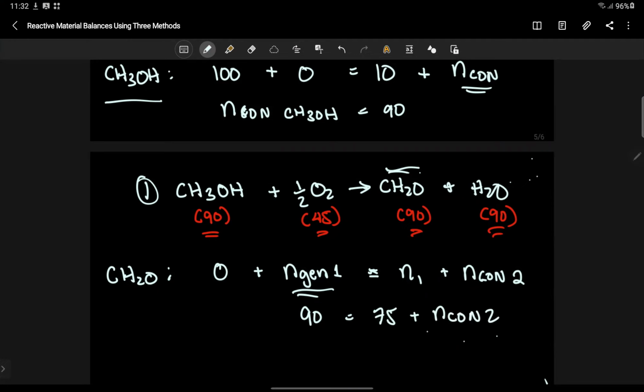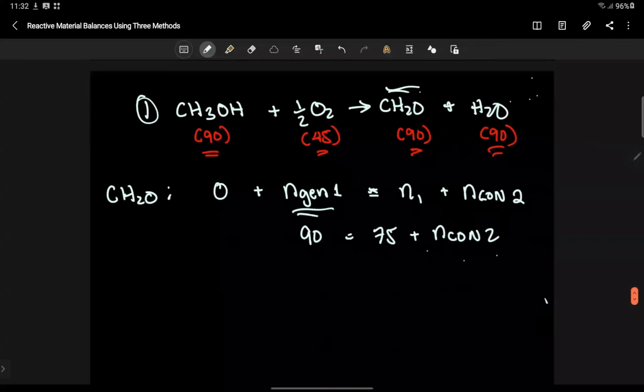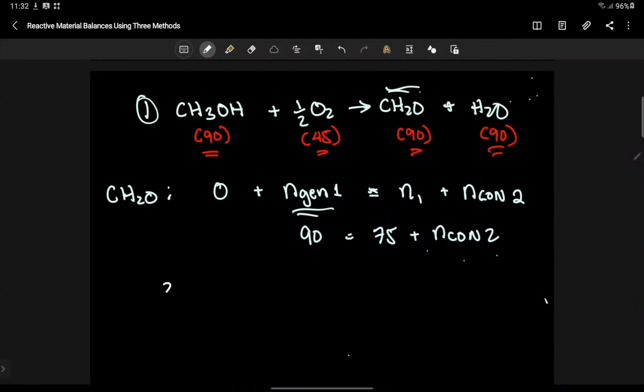Okay? So yung N consumed 2 na yan, since second reaction siya, 2 meaning second reaction, ano ba yung second reaction? Isulat natin ulit yung second reaction. Okay, so the second reaction is formaldehyde plus O2 forming carbon monoxide, tama ba?